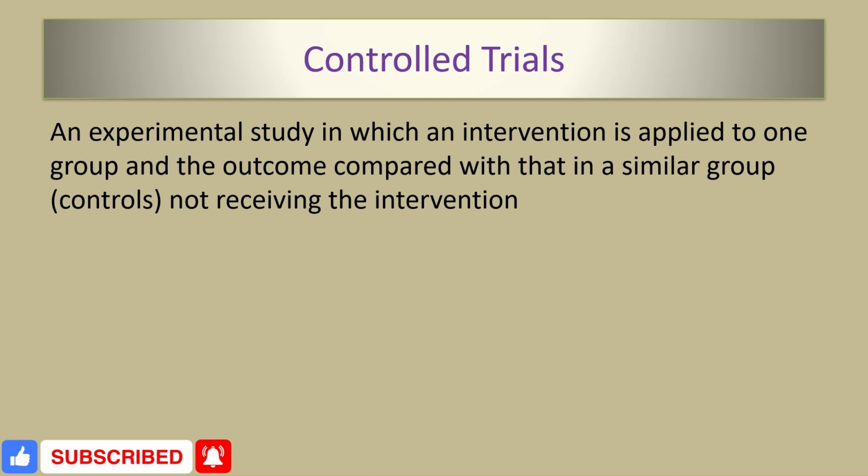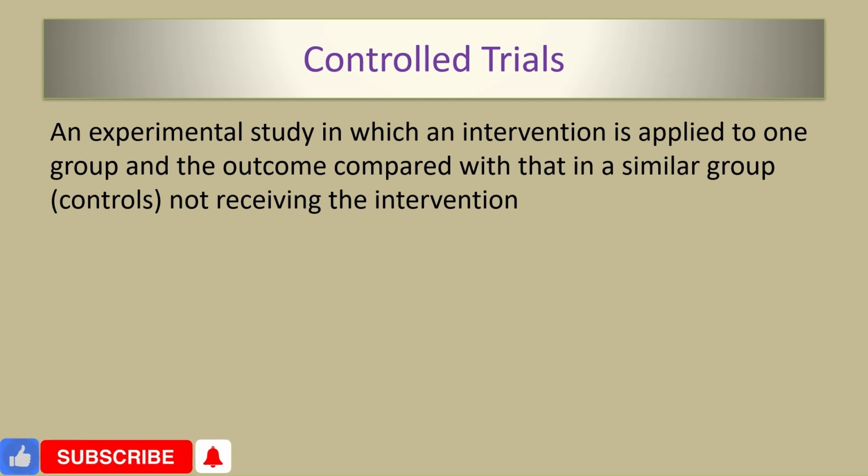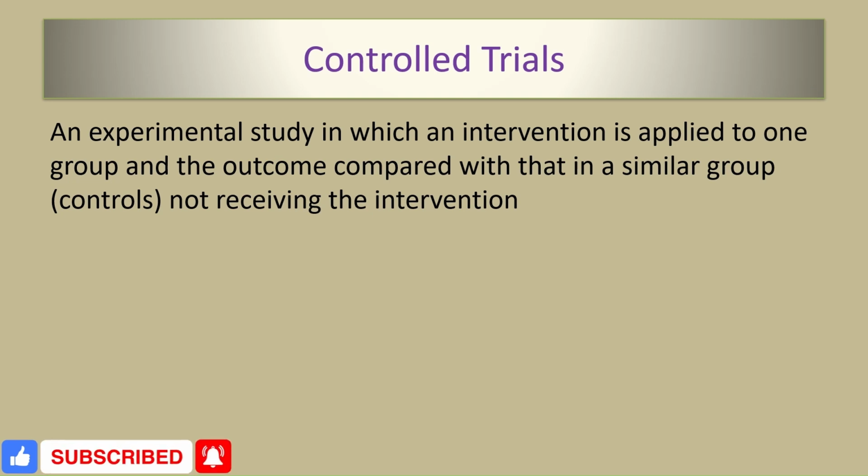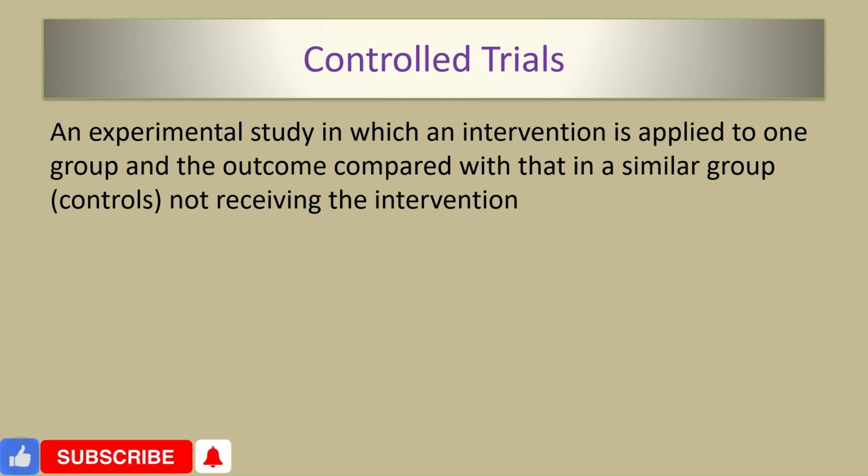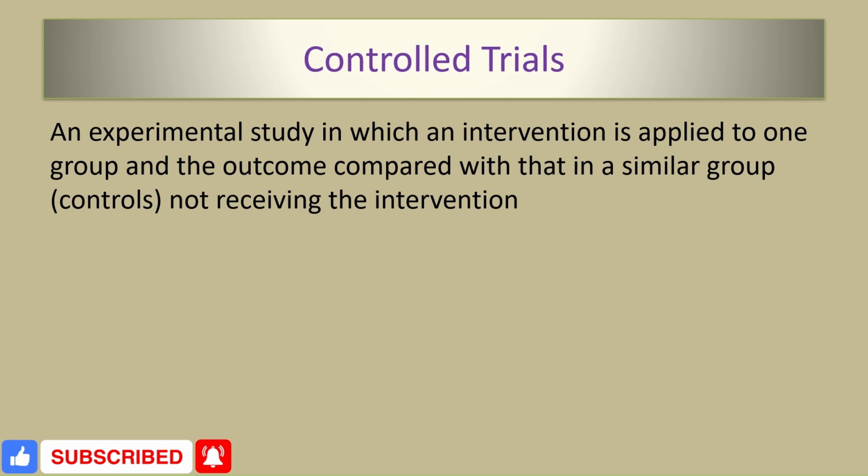Control trials: an experimental study in which an intervention is applied to one group and the outcome compared with that in a similar group, the controls, not receiving the intervention.